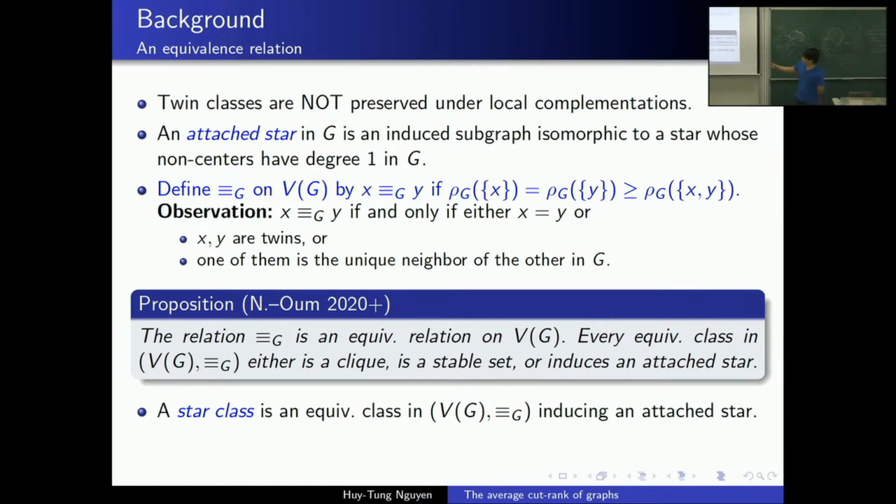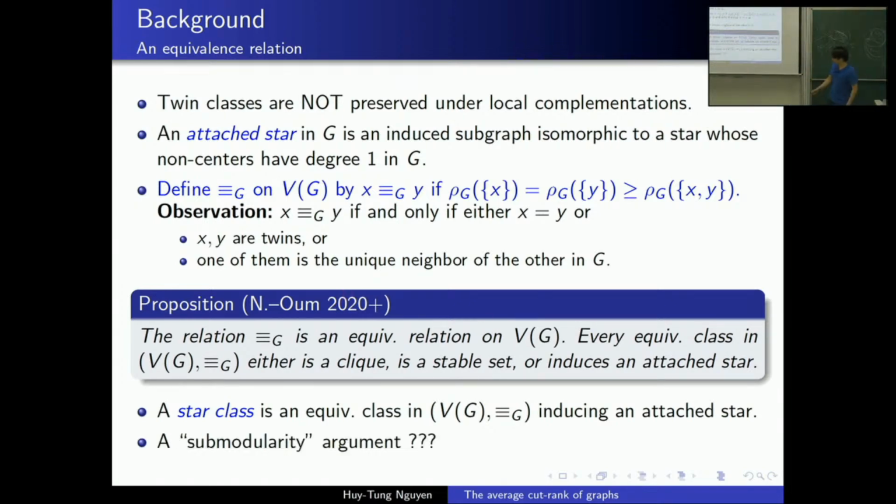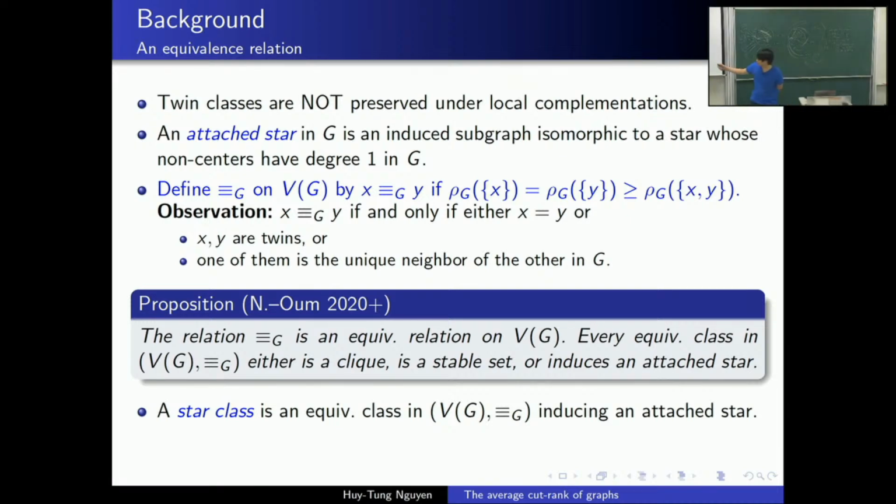Okay, but just note that these 3 types are not entirely exclusive, because you may have classes with only one vertex, the singletons, and especially for a clique and an attached star, you may have a component of size 2. This can be considered as a clique and also an attached star at the same time.